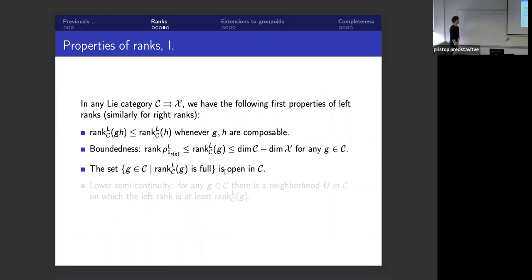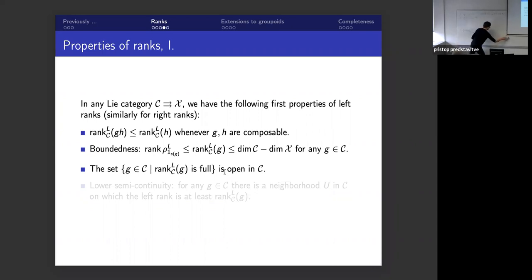So how do we show this one? Well, the main trick is to see this particular map. Any morphism G would be mapped to the differential of the left translation by G, and you could see this as a map that goes from C.